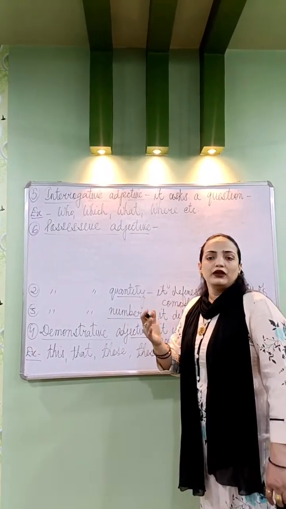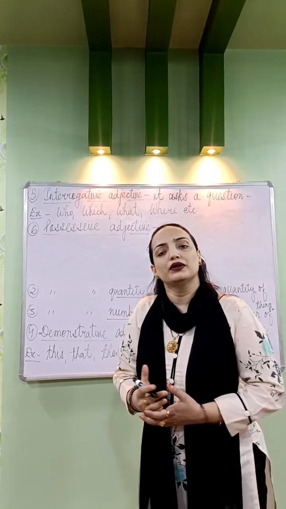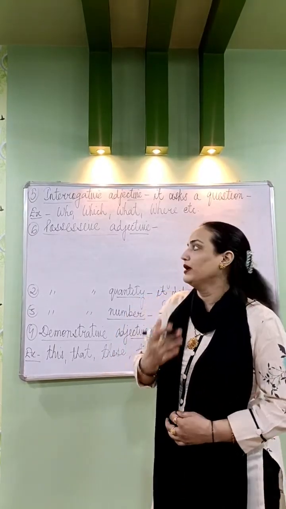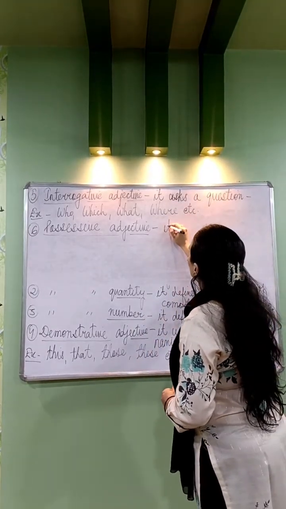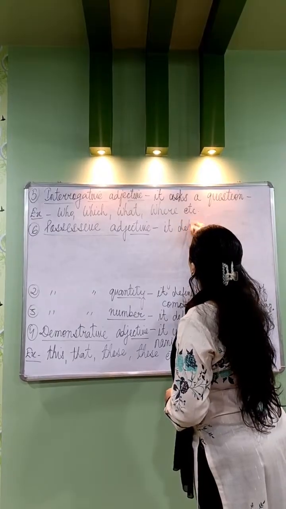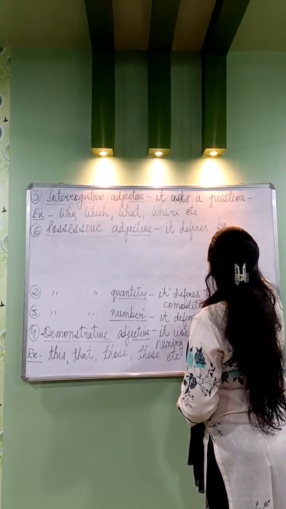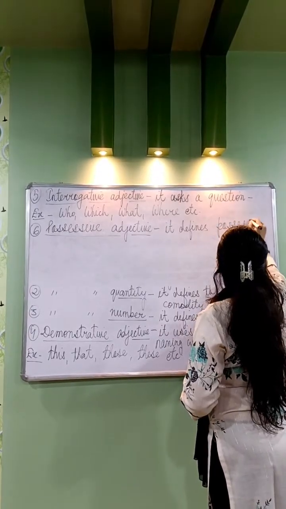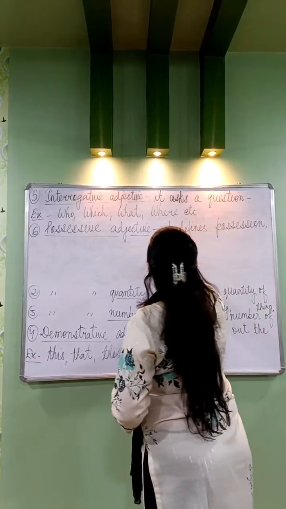Possessive adjective mean possession, जहां हमें किसी चीज की दावेदारी पता लगती है, mean belongings. Okay, so it defines possession, or we can say right as well.